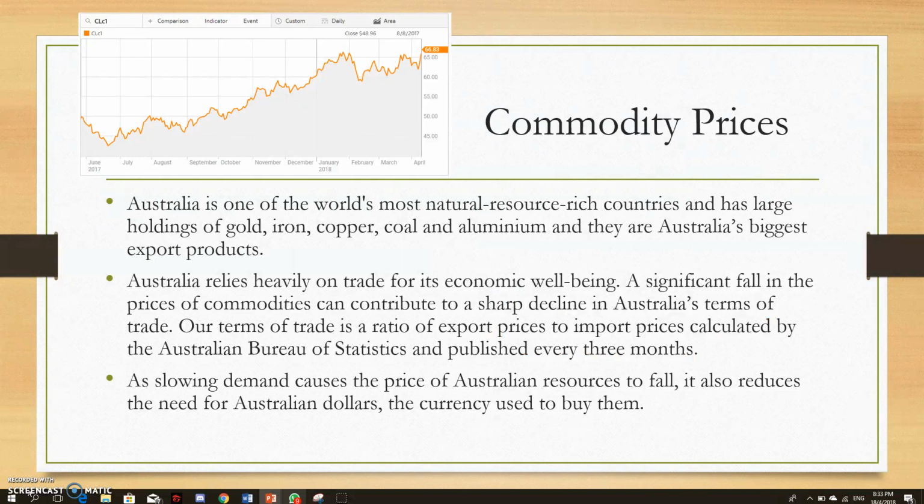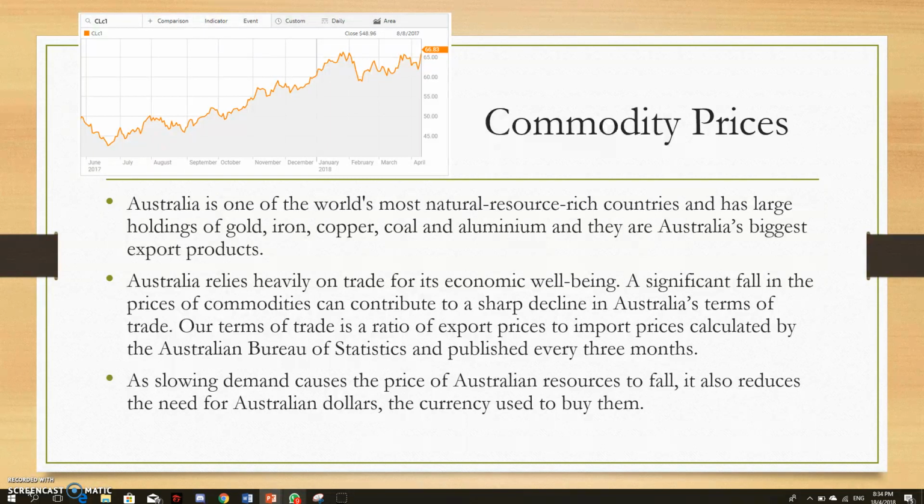Next, Australia is one of the world's most natural resource-rich countries and has large holdings of gold, iron, copper, coal, and aluminium, and they are Australia's biggest export products. Australia relies heavily on trade for its economic well-being, a significant fall in the prices of commodities can contribute to a sharp decline in Australia's terms of trade.